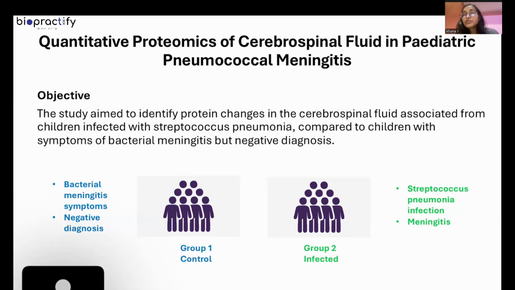These protein changes were compared to the proteins present in the cerebrospinal fluid of children who showed the symptoms of meningitis, but when diagnosed, were negative for Streptococcus pneumoniae. So we have two groups. One is the control, which showed the symptoms of meningitis but was negative for Streptococcus pneumoniae. The other group is infected by Streptococcus pneumoniae.